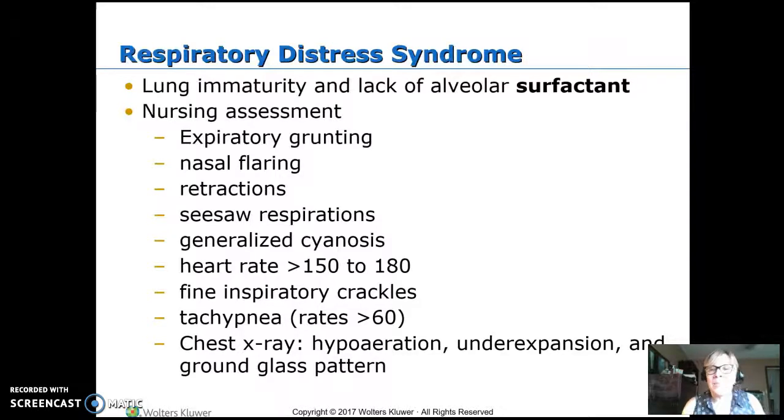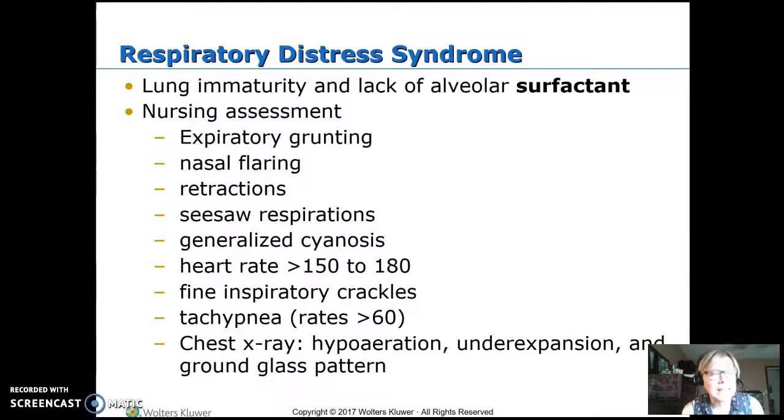Cyanosis. Often hands and feet stay a little cyanotic, but this is generalized, so all over. Heart rate above the 150 to 180, that's considered the upper limit of normal on our neonate. Fine respiratory crackles, that snap, crackle, pop, little crackly sound of the alveoli slamming shut and popping open.